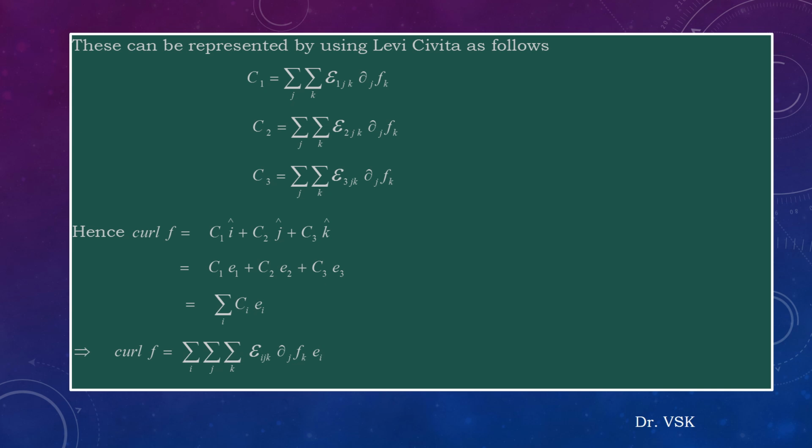All over, the expansion of C1 gives us C1 equals ∂2 F3 minus ∂3 F2, which is nothing but our previous C1 representation, which was the coefficient of i cap in the expansion of curl F. In the same manner, we can obtain C2 from the new representation, and also we can bring back C3 from our new representation of the components by using the Levi-Civita symbol.